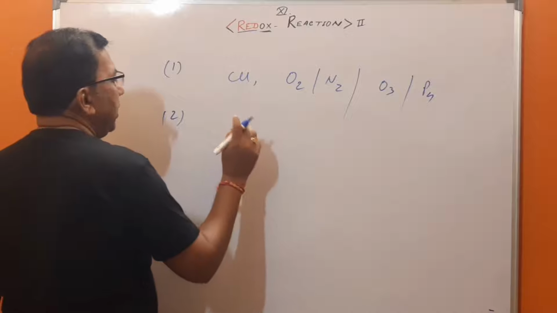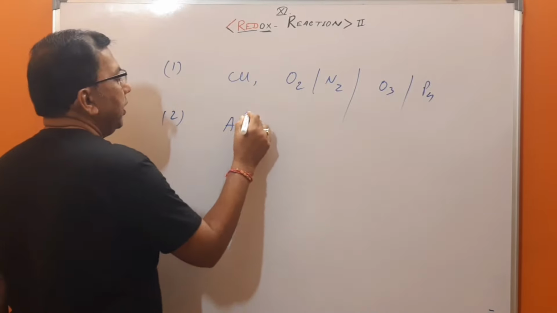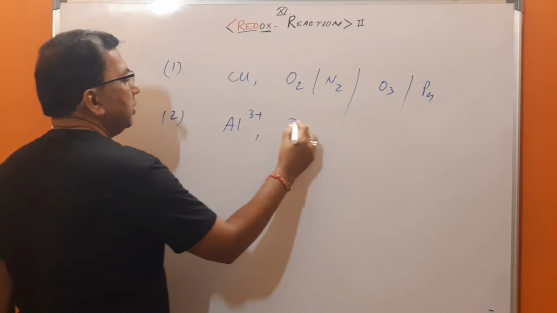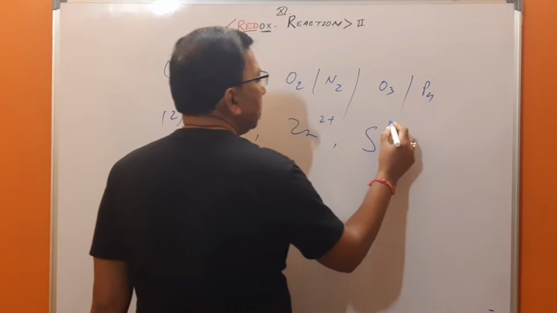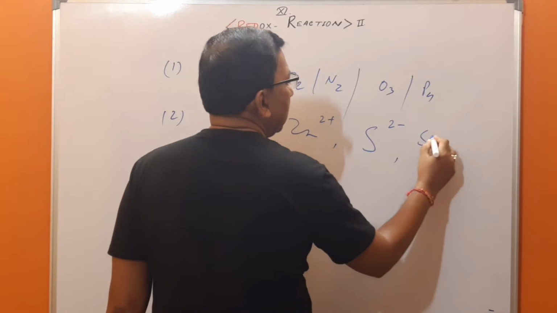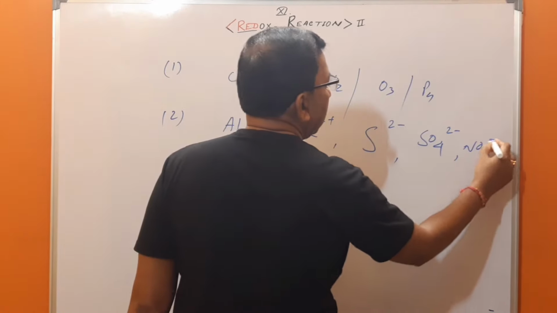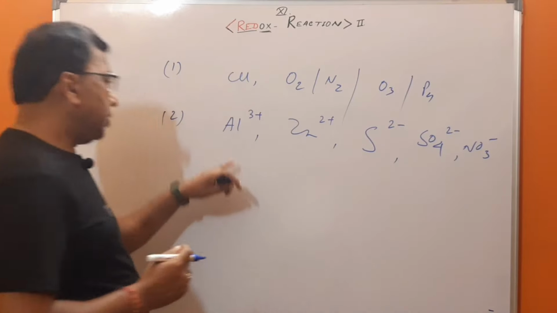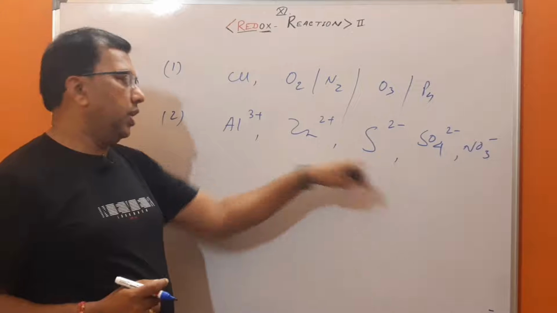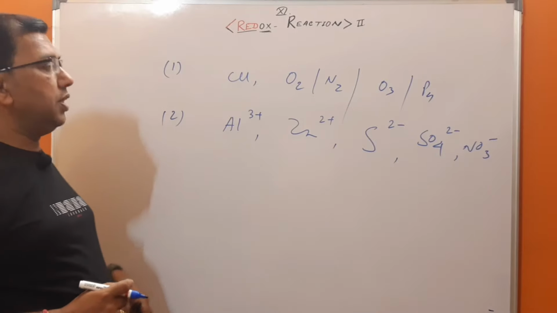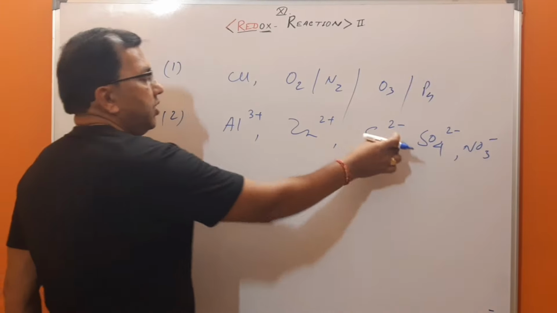Number two, in case of ions, suppose Al3+, Zn2+, S2-, SO4 2-, NO3-. What is this? In ionic condition, the oxidation number will be the charge on it.